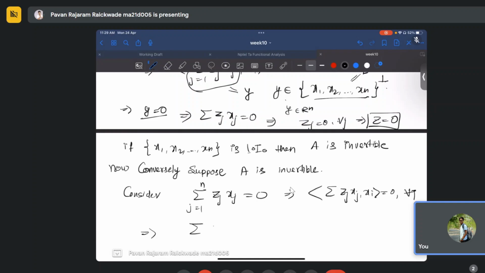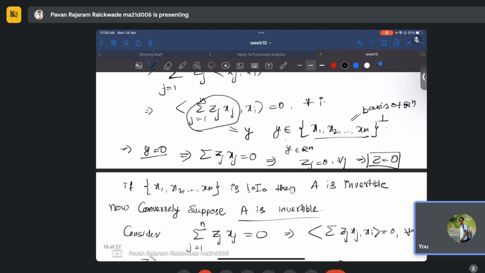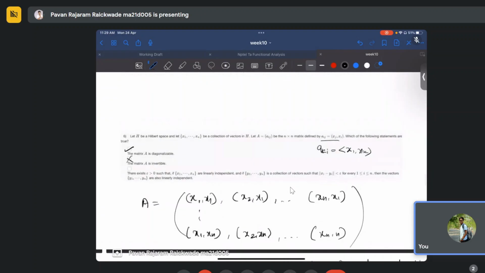This means the summation of zj times the inner product of xj with xi is 0, that is, the summation of zj times aij equals 0. That means Az is 0. But because A is invertible, this implies z is 0, that implies zj is 0. So it is the exact same argument, just traced back. So it follows that A is invertible if and only if the x's are linearly independent.